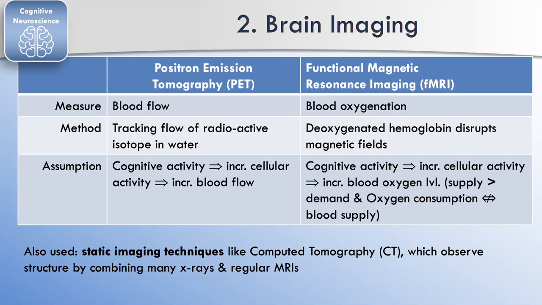So PET can figure out which regions of the brain are accepting and requiring more blood flow. fMRIs relatedly can measure this blood oxygen concentration, both of which seem important, such that if a portion of your brain is being extremely active, it's going to require more blood and oxygen is going to be used much more often.